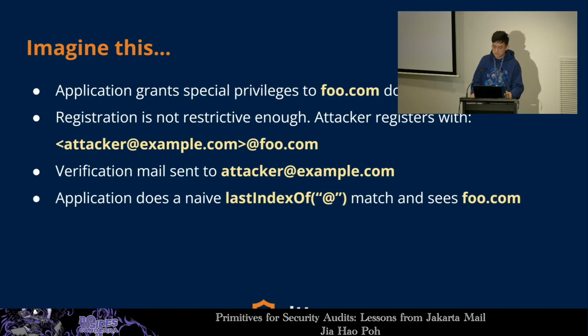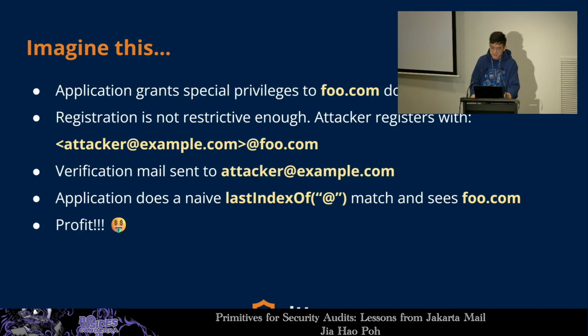And so when the application is granting special privileges, we assume that it also does a simple match by looking for the last index of the @ symbol and using the remainder of the string. This happens more often than you think. And it also trusts that the InternetAddress constructor ensures that the input is a valid email string. So the developer may not be aware of what the input we have here actually contains.